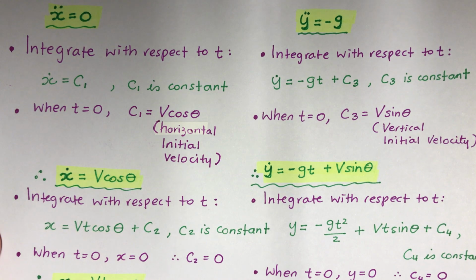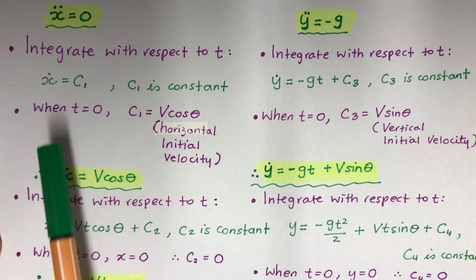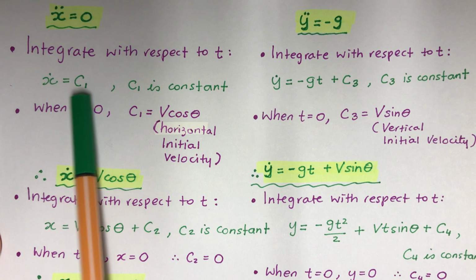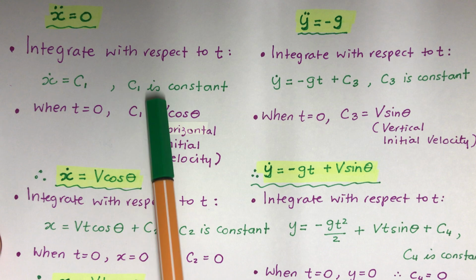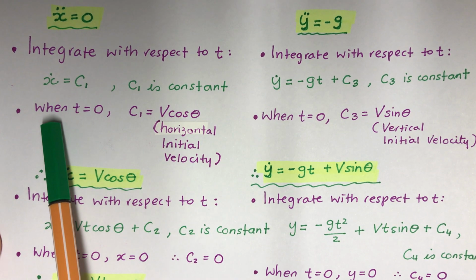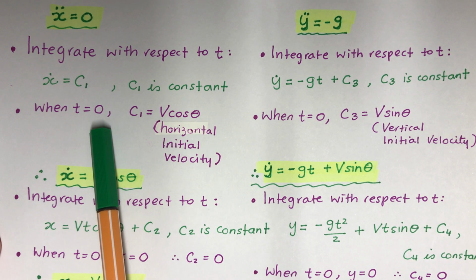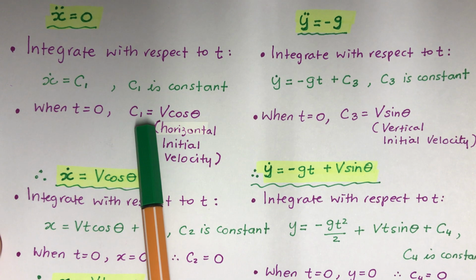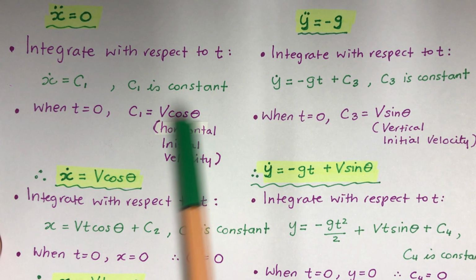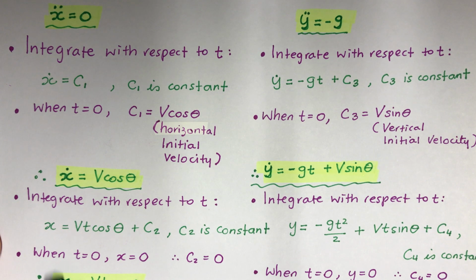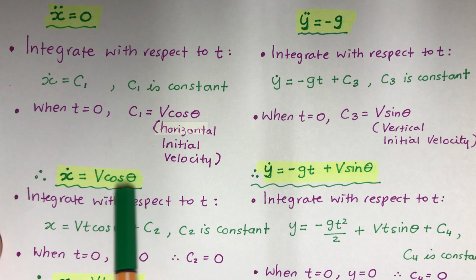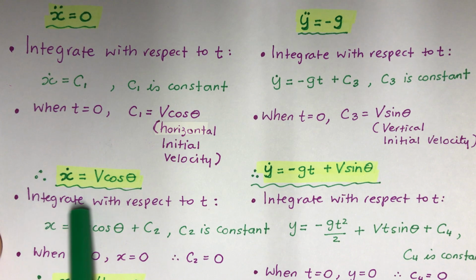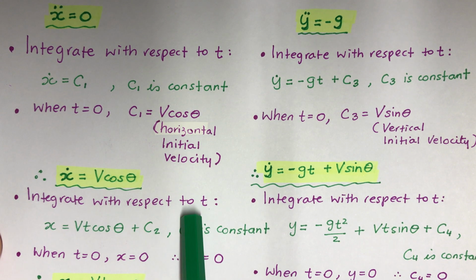Now this one, integrate with respect to t. Now from here to here will be constant, obviously, and I'm going to just name it C1. C1 is constant. And then at the beginning, t equals 0, and the constant is v cos theta, which is the horizontal initial velocity. Therefore our horizontal velocity equals v cos theta. And then we want to integrate that again with respect to t.